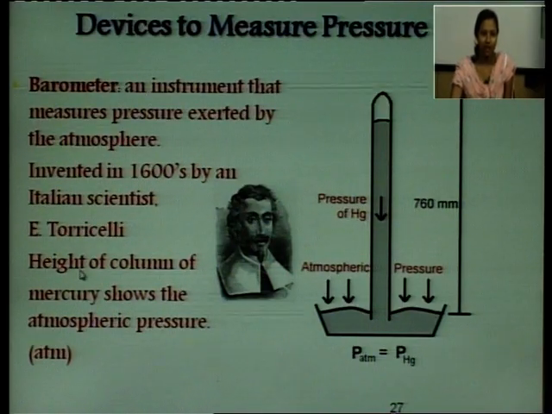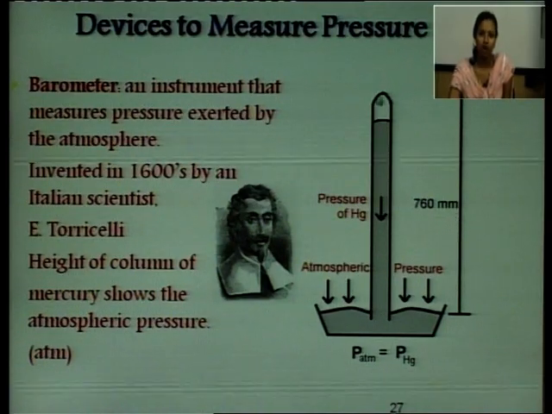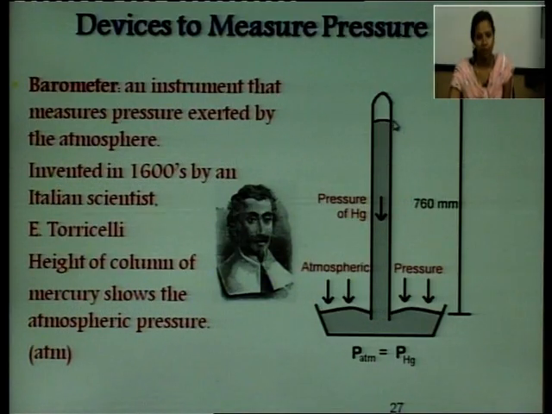It mainly represents the height of a column of mercury, which is equal to the atmospheric pressure. So this is the height of the mercury column, 760 mm of mercury. Up to which height the mercury rises corresponds to the pressure of that liquid, depending upon the formula P equals rho g h.